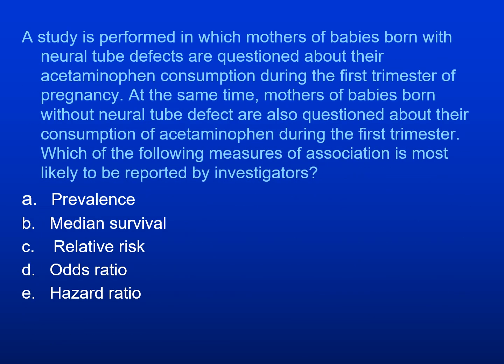A study is performed in which mothers of babies born with neural tube defects are questioned about their acetaminophen consumption during the first trimester of pregnancy. At the same time, mothers of babies born without neural tube defects are also questioned about their consumption of acetaminophen during the first trimester. Which of the following measures of association is most likely to be reported by the investigator?